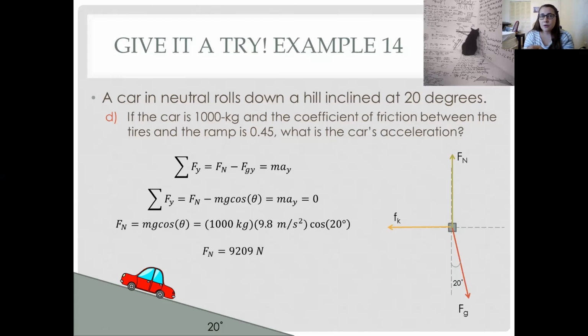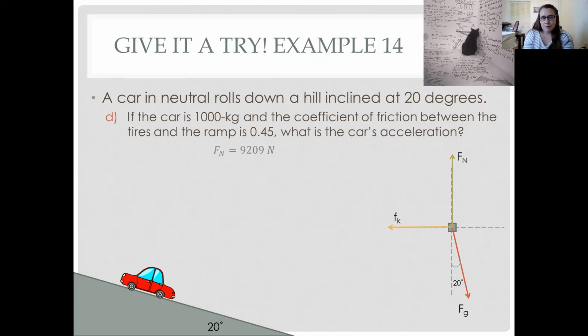Once we do all the number crunching in our calculator, we get a normal force of 9,209 newtons. Are we done? No, I wish we were, but we're not, because the question did not ask us for the normal force. It asked us, what is the car's acceleration? But you'll find that you need the normal force in order to find the acceleration. So we can't skip this step, really.